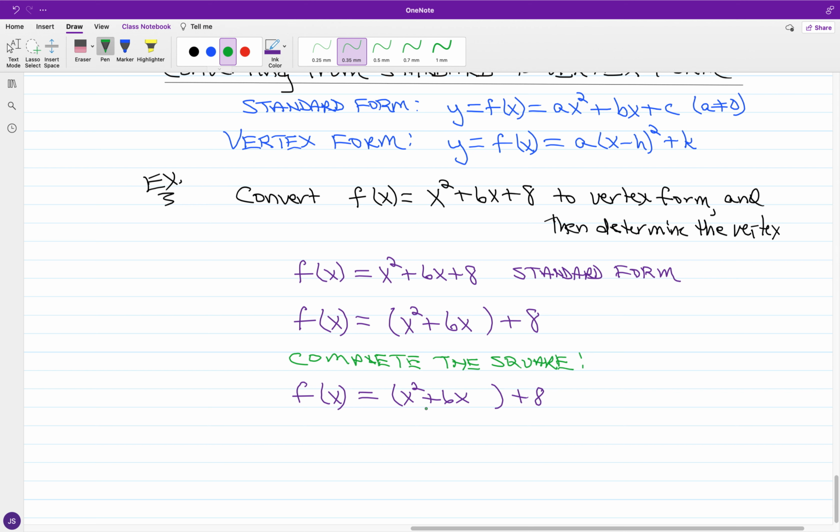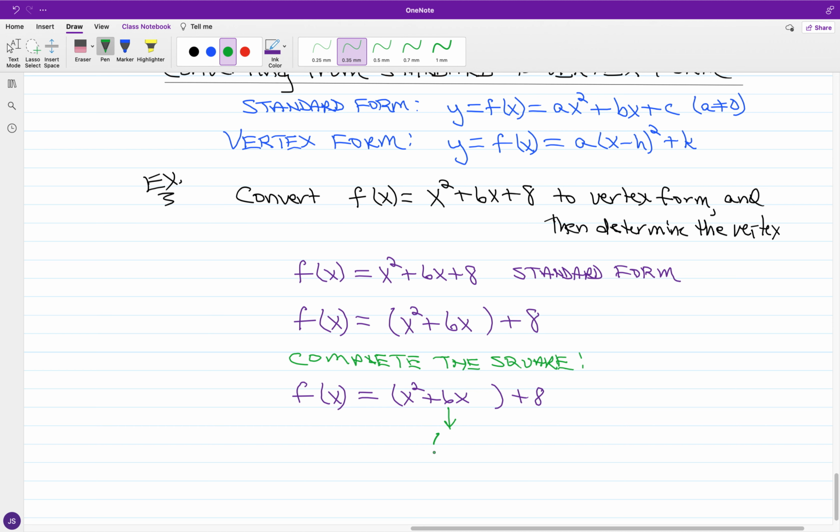Now where the completion of the square comes in, in the parentheses I want the first term to have just the variable squared, no coefficient other than 1 in front of it. So we just have x squared at the front. I'm going to take the first order term coefficient. The first order term is 6x.